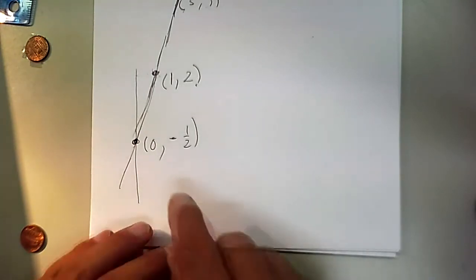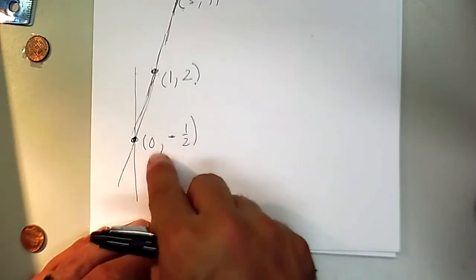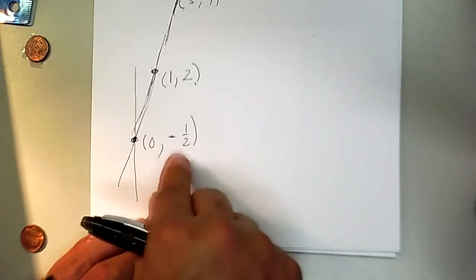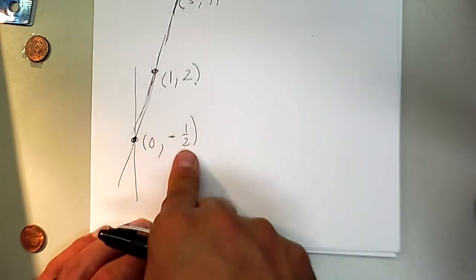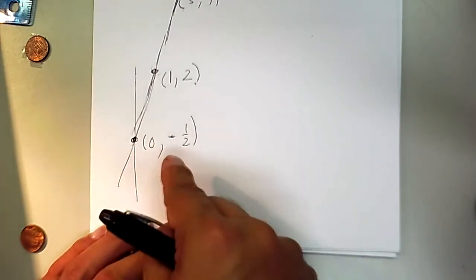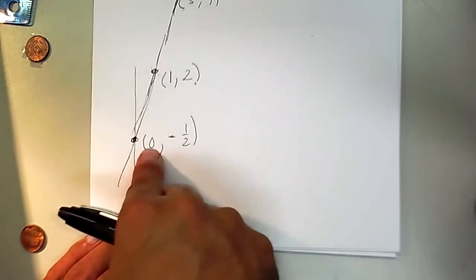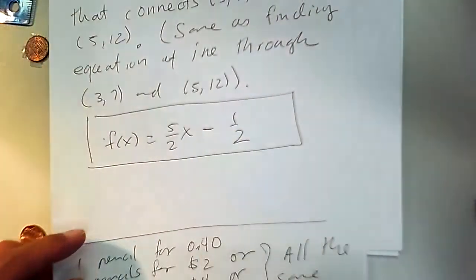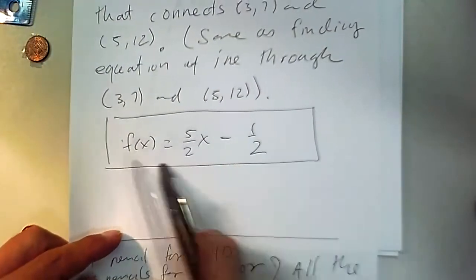Start of what? What we mean by start is when the input is 0. So that's the starting point. And we also label this as the y-intercept, but keep in mind that that's when the input is equal to 0. So -1/2. That is the function.